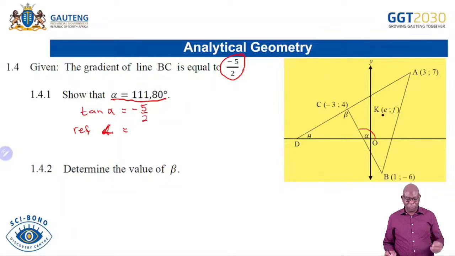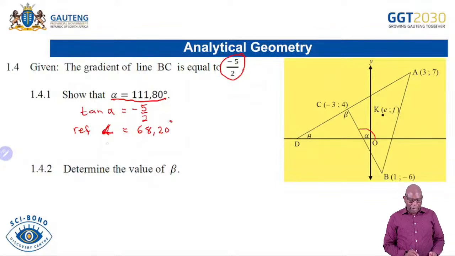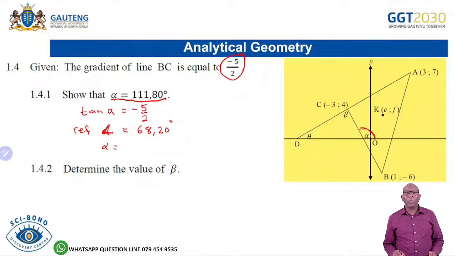You say shift tan 5 over 2. Then the angle that we're going to get there is 68.2 degrees. Now that's my reference angle. Then the angle that I'm looking for here, remember this angle here is an obtuse angle. So it must be 180 minus. So I'm going to say 180 degrees, subtract the reference angle.